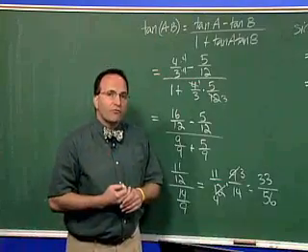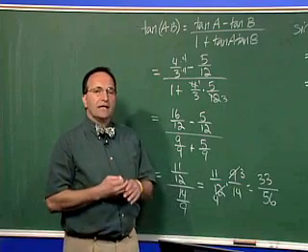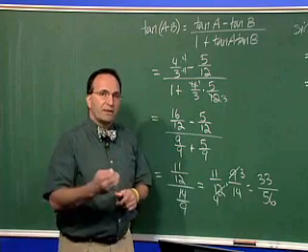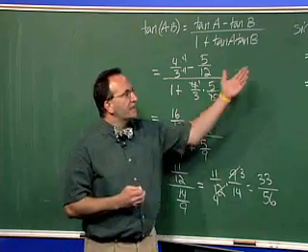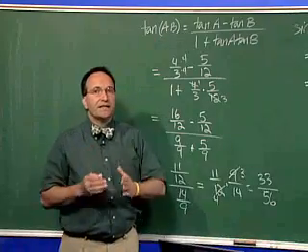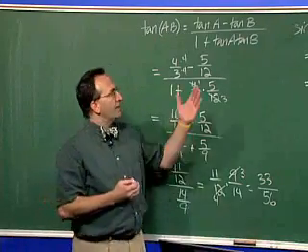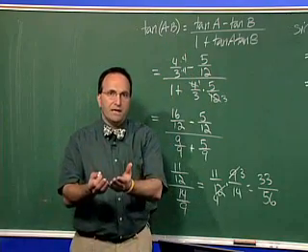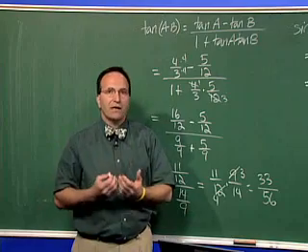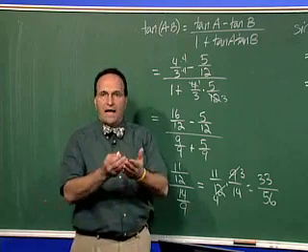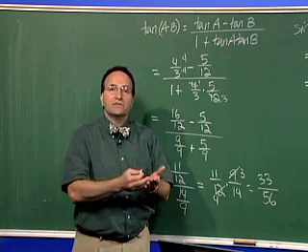If we were to go further and calculate the tangent of A plus B, it would have been a positive number. And if we had calculated the sine of A minus B, that would also be a positive number.